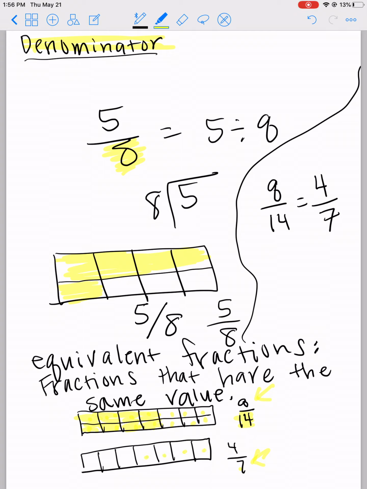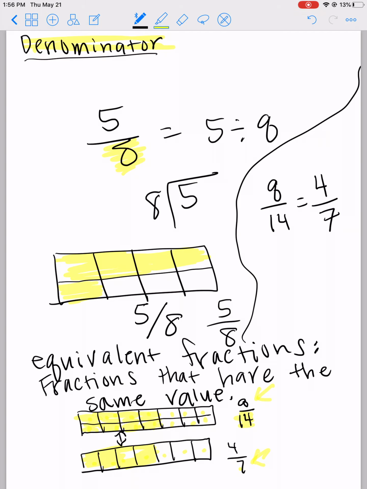But I'm going to highlight 4 of them. The numerator says 4. And as you see, these two are equivalent to each other. It's just if they were brownies, you'd have bigger chunks with the 4/7, but you'd get the same exact amount, just cut double in the 8/14.